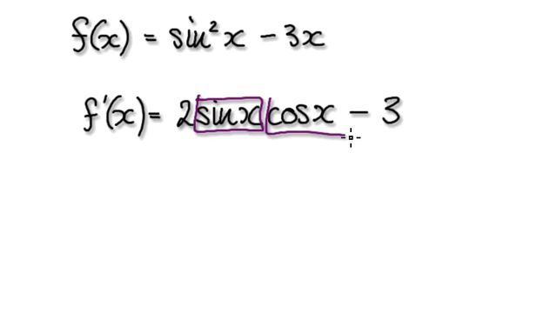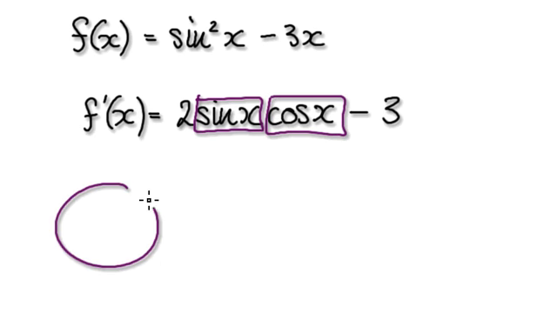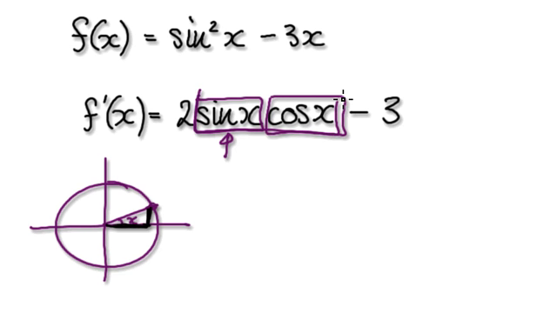Whenever you have sine of x times cos of x, we would visualize a circle of radius 1, and let's say this angle here is x. So sine of x here would be the height, and cos of x would be the width. Analyzing these two blocks multiplying with each other is the same as multiplying the height and the width as the dot moves around.